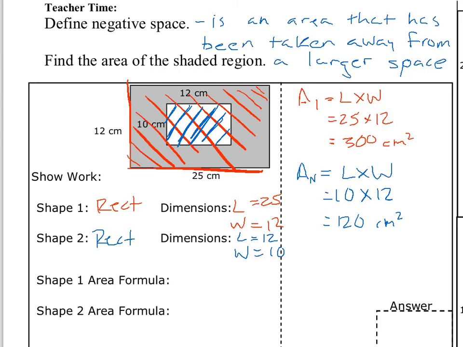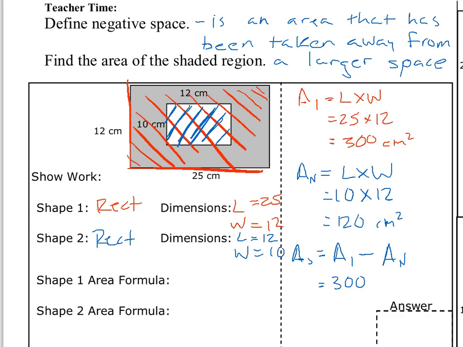So the question is, if I have the shaded region left, how many square centimeters of brownie do I have left? What do I need to do to figure that out? Andrea, subtract. So to get the area of my shaded region, I take the area I started with, area 1, and subtract the negative space.